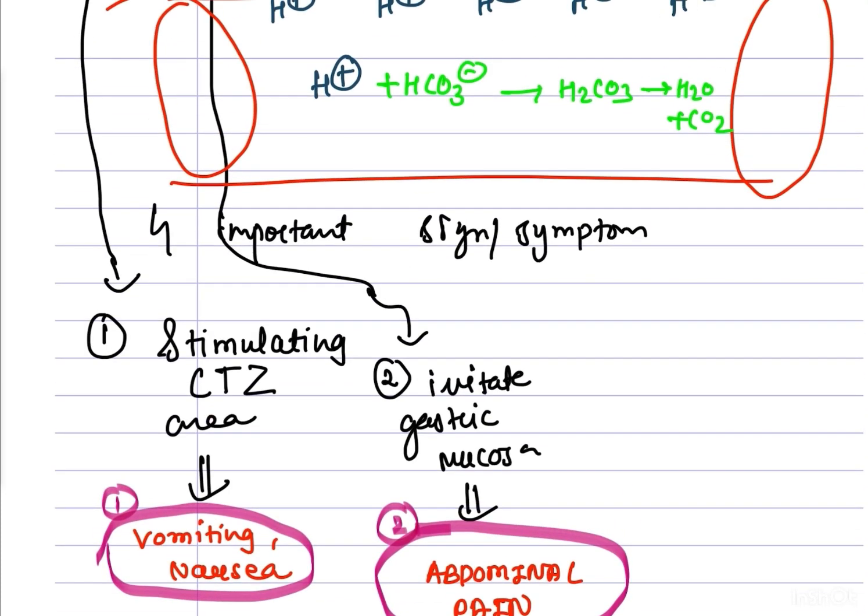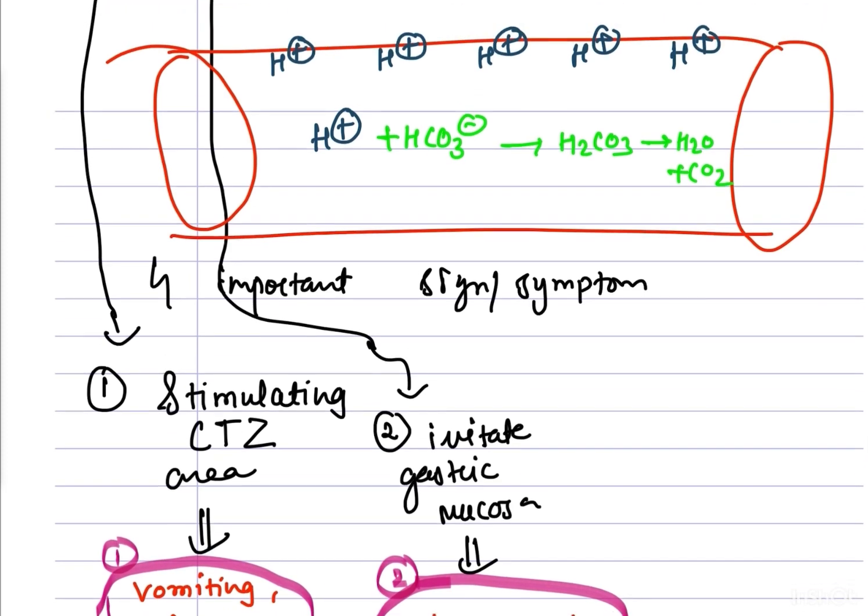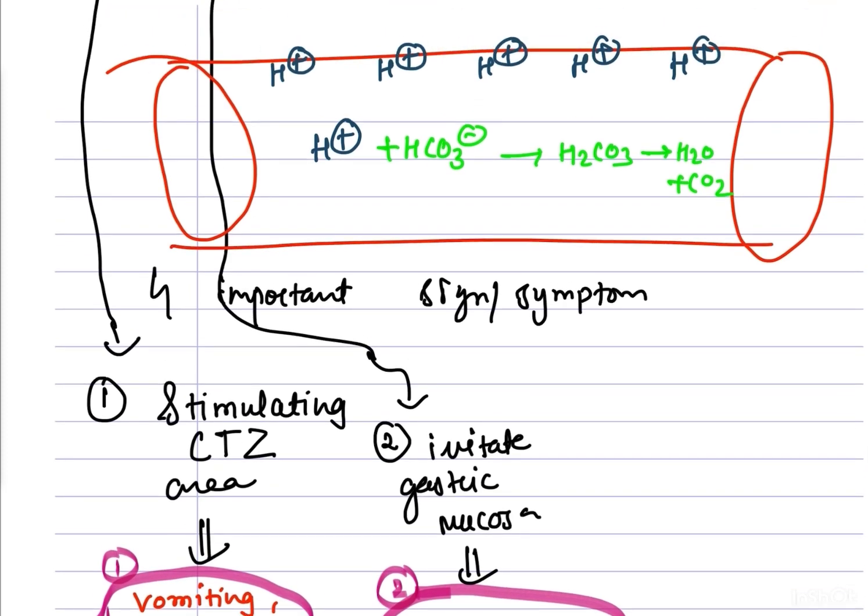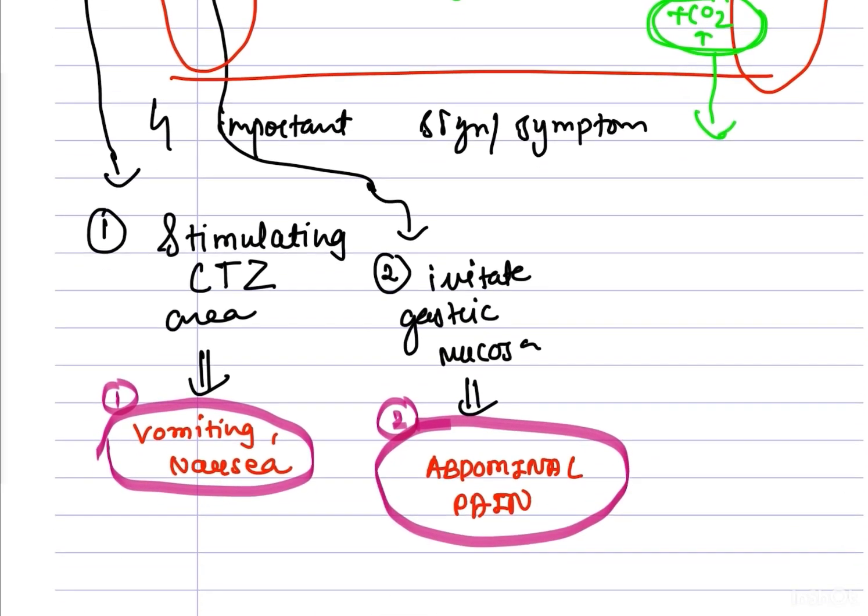Now we are having an excess amount of carbon dioxide. So due to the excess amount of carbon dioxide, what will happen?